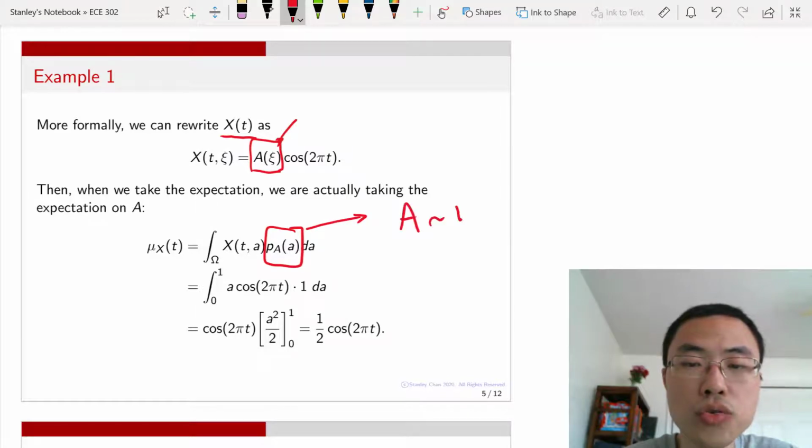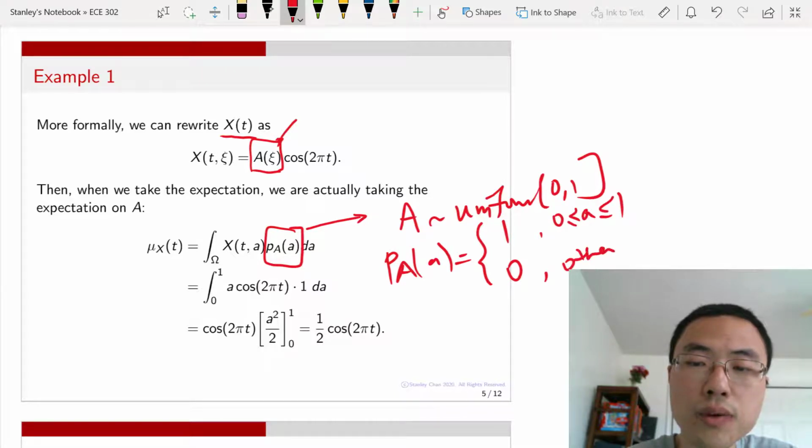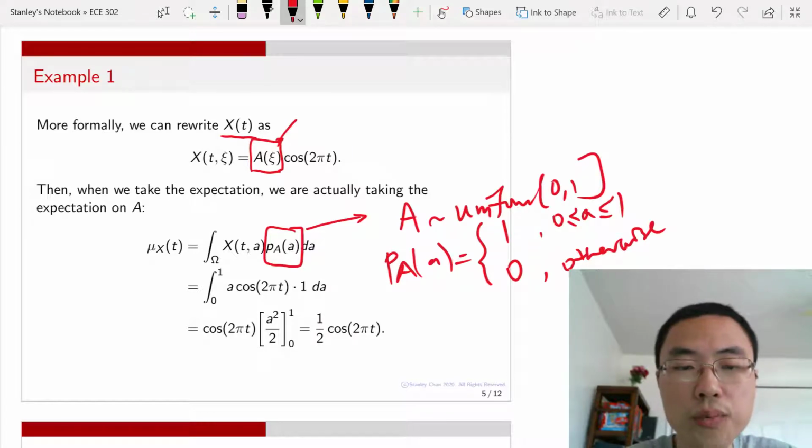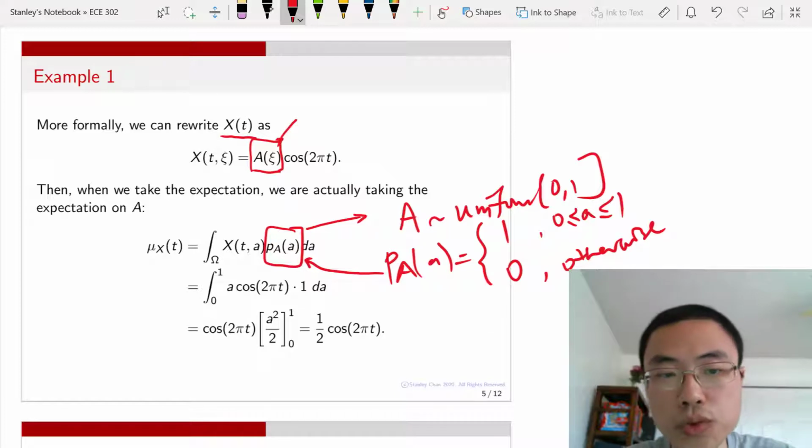So a is uniform in 0 and 1, and therefore this p_A of a is just 1 if a is between 0 and 1, and 0 otherwise. That is your PDF. The PDF is given by this formula. It is a uniform distribution.